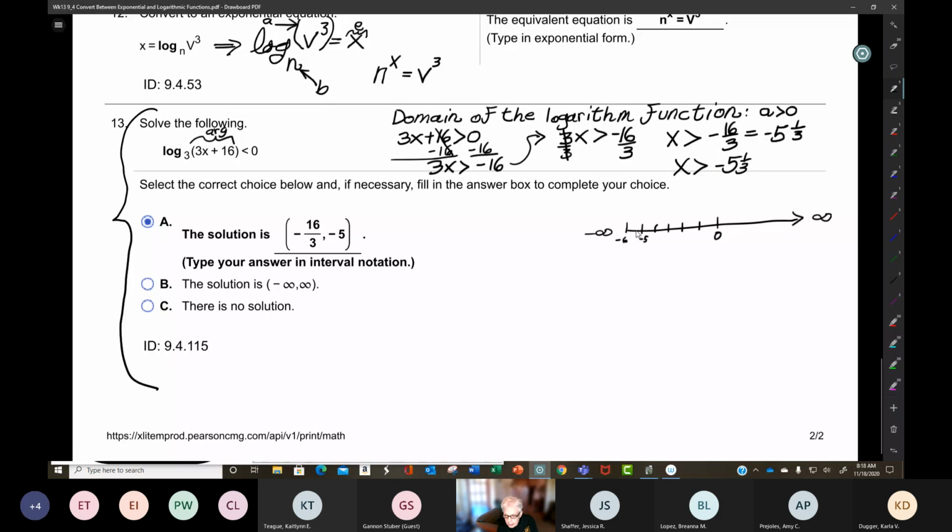This point right here is about negative 5 and 1/3. At least I'm saying it is. And to keep the book happy, we'll say negative 16 thirds.